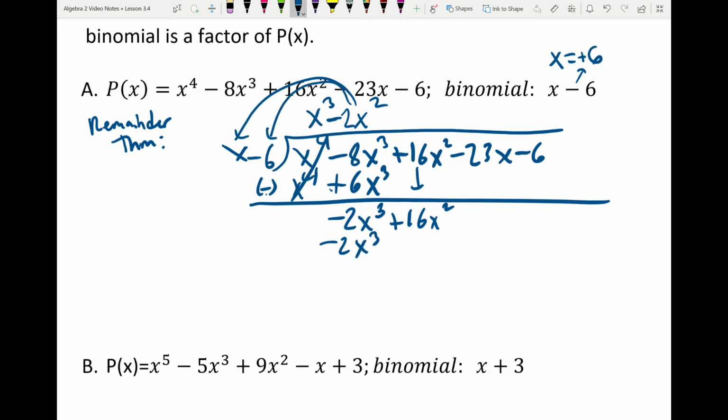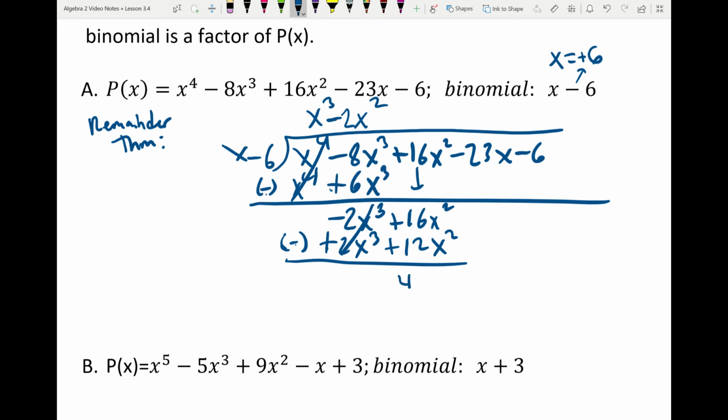Negative 2x squared times negative 6, positive 12x squared. Now we subtract. You can get rid of those arrows now. So now two negatives here make this a positive. So this is 0, cancels away. 16 minus 12 is 4x squared. Bring down the minus 23x.